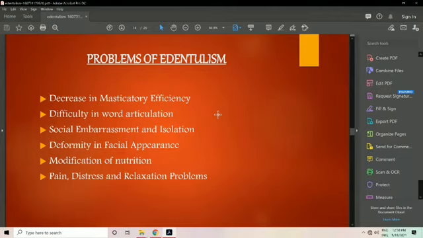So in short, the problems associated with edentulism are for aesthetics, mastication and phonation. You have to keep in mind three problems basically. All the other problems are categorized under these three headings: mastication, phonetics and aesthetics. Okay, these are the three problems basically the patient has.